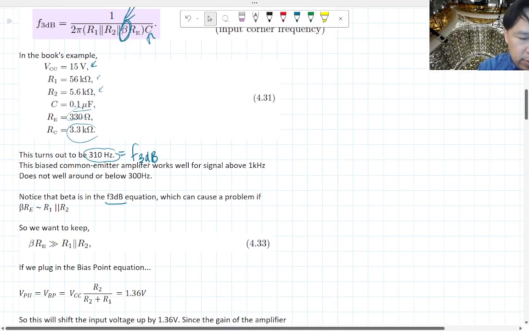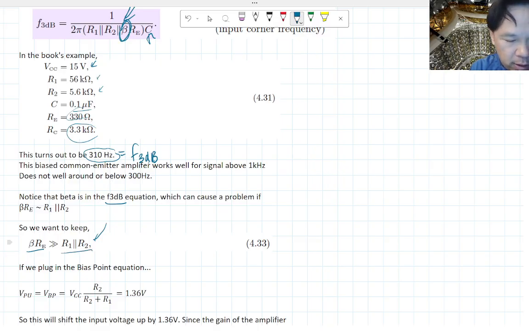So most of the time what you want to do is keep beta times RE much bigger than R1 parallel to R2, and therefore you're mitigating this: most of the current flows through R1 and R2 instead of through beta times RE.